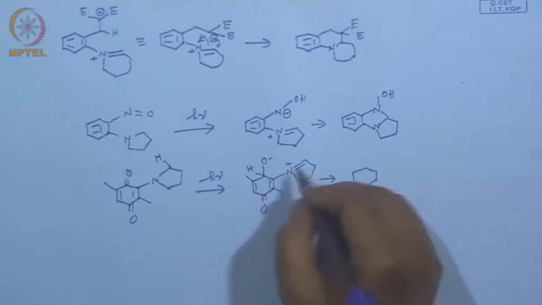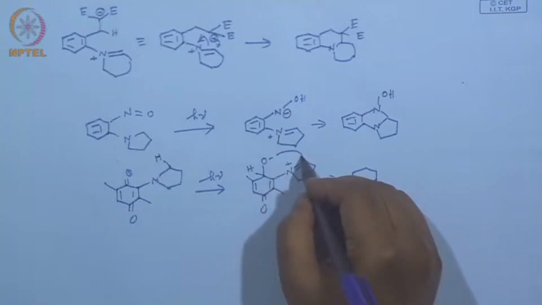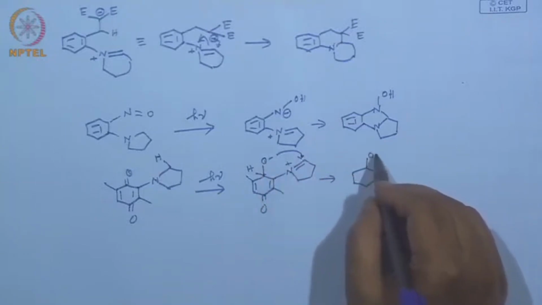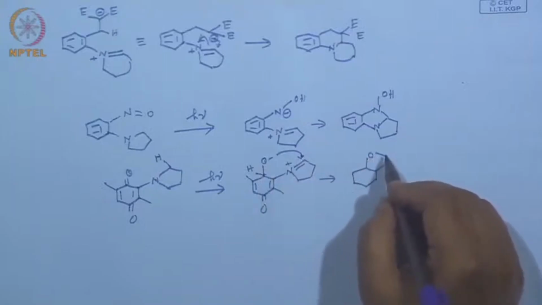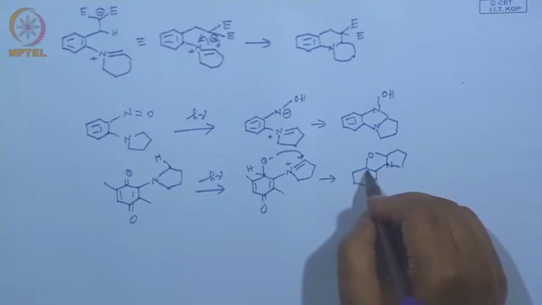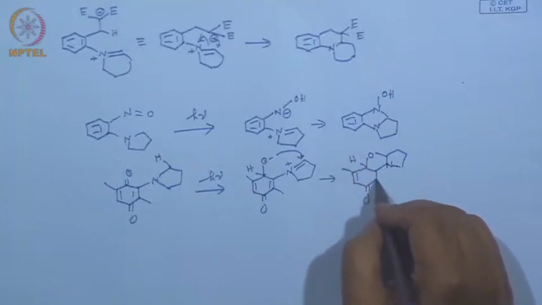And so, once you have this, what is expected? 1, 2, 3, 4, 5. So, you have a five-membered ring system and another five-membered ring system with a bridgehead nitrogen, and the quinone.